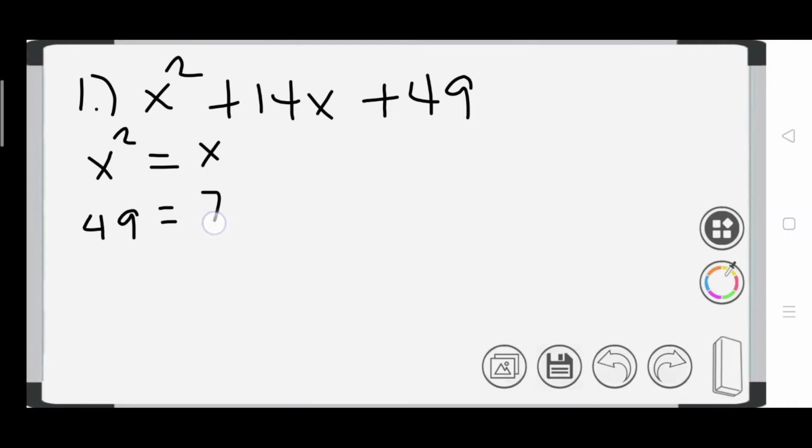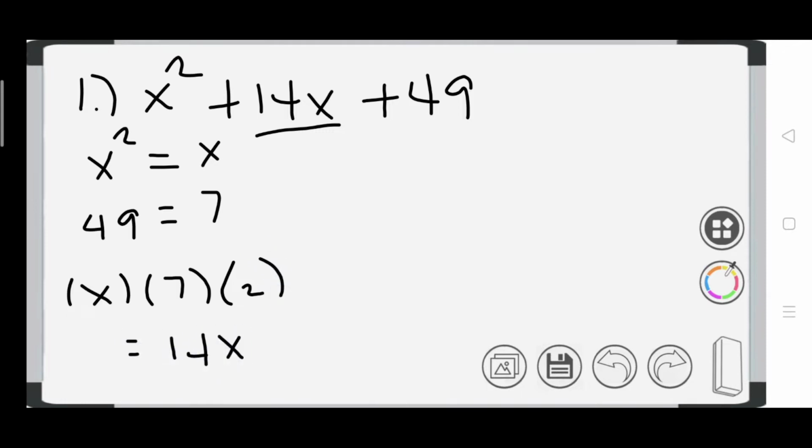Ang last term niya ay perfect square din. So makikita nyo ang square roots nila ay x and 7. And then para makuha yung middle term, so ita-times lang natin yung square root ng first term na x, yung square root ng last term na 7 times 2 na lagi kong sinasabi. So it will give us 14x.